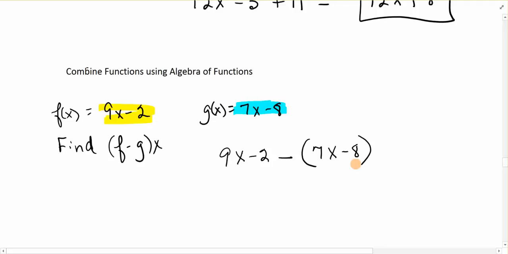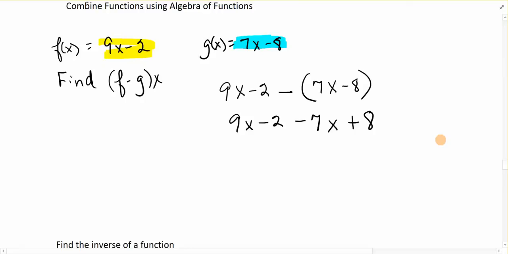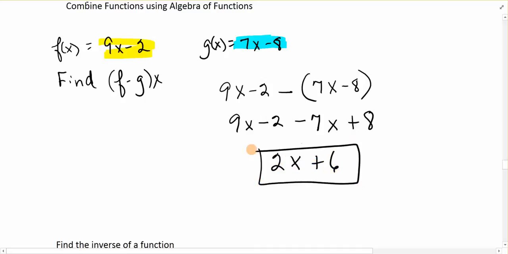It's going to change them. So we would have 9x minus 2 minus 7x plus 8. And then we would collect like terms. What would we end up with? 2x plus 6. All right, good.